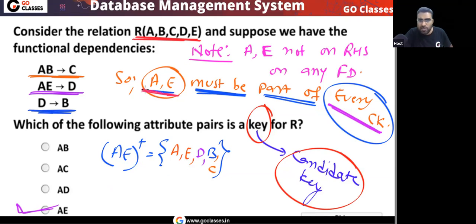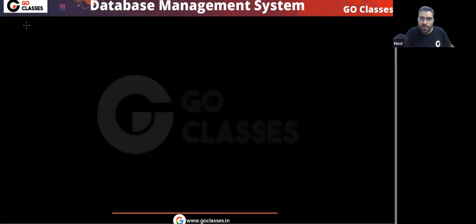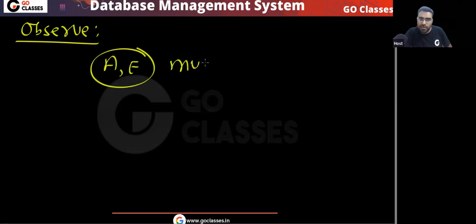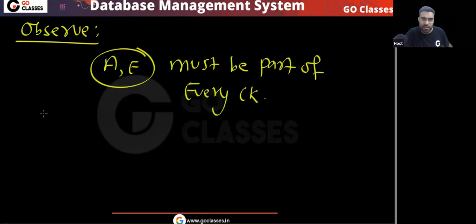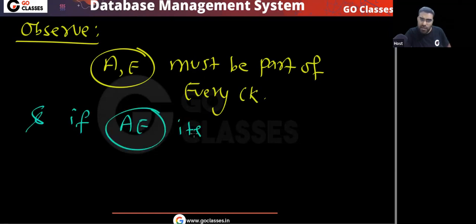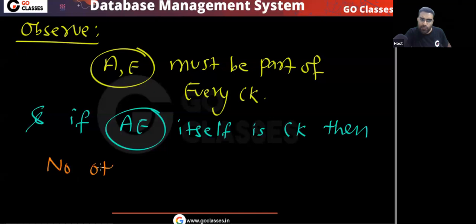Remember one thing: AE must be part of every candidate key and AE is enough. So can I say no other candidate key is possible? Observe, AE must be part of every candidate key. If this itself is a candidate key, if this itself is enough, then no other candidate key is possible.